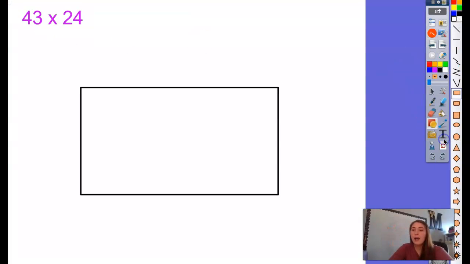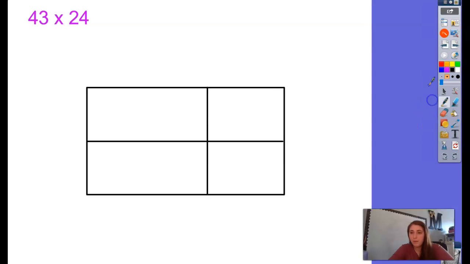So I am going to create an area model. So I am going to divide my rectangle into 4 sections, so I have places to divide up my numbers. Now, if I look at 43, I know I can break 43 up into tens and ones.